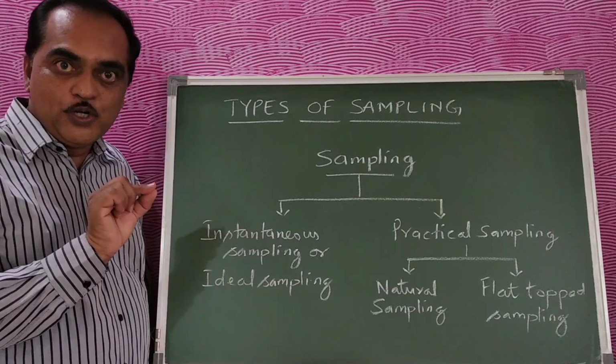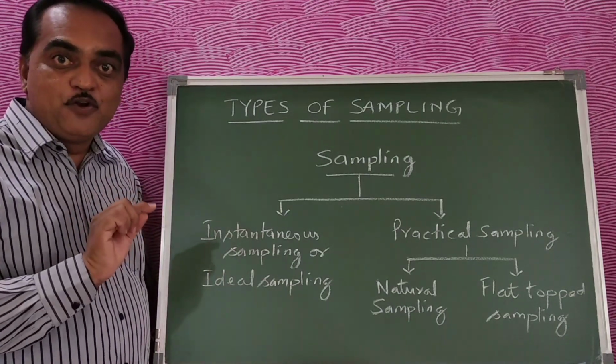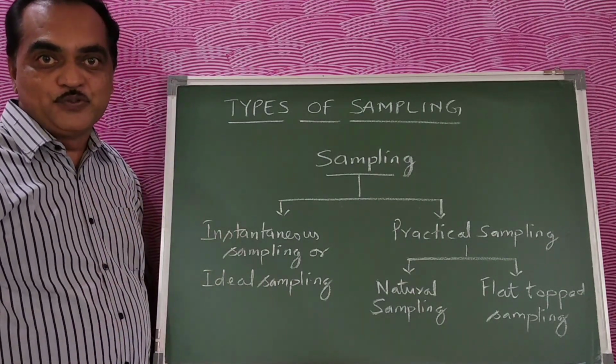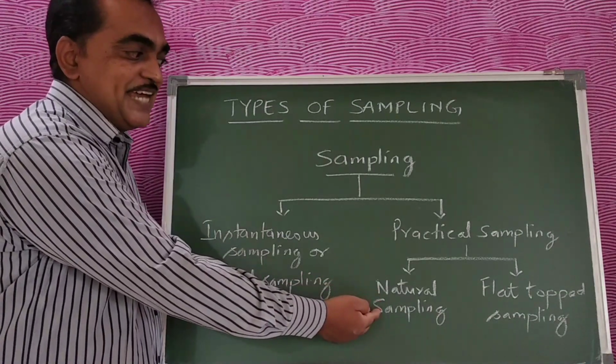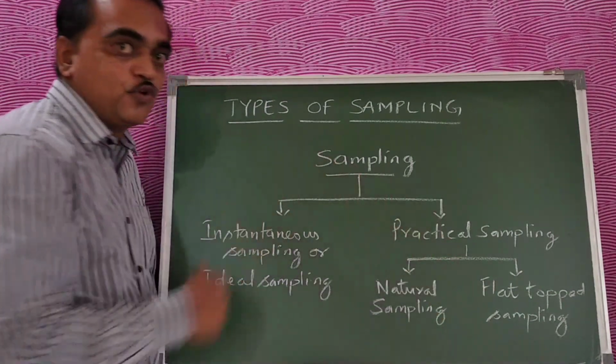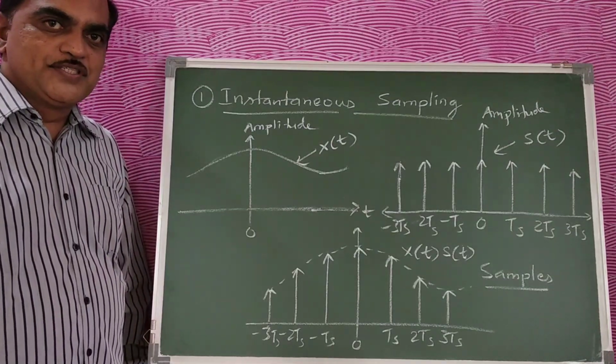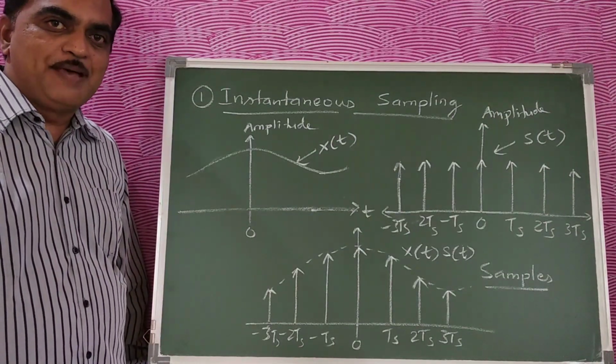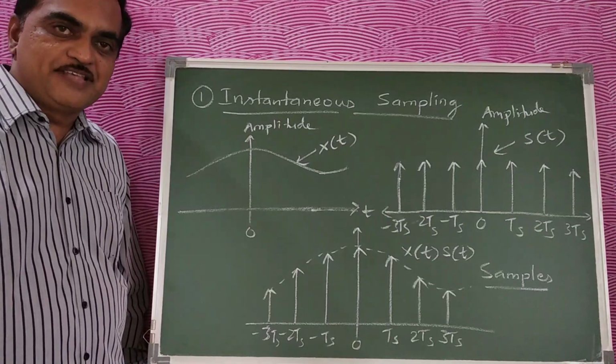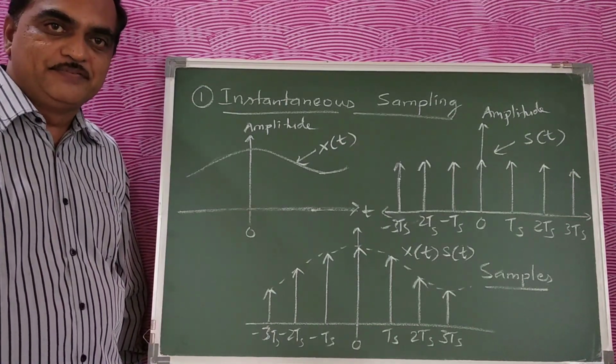So there it will hold at that first position, and it will not vary according to the amplitude. So this one is called as natural sampling, and the second one is called as flat-top sampling. Dear students, now we will see the first type of sampling, which is called as instantaneous sampling or ideal sampling.